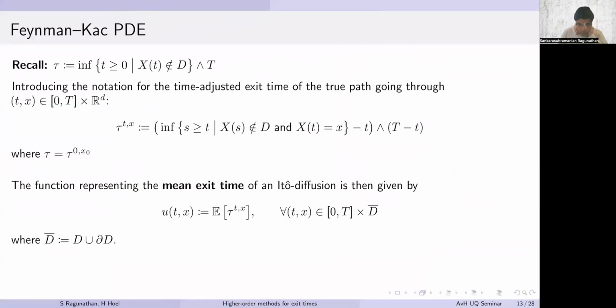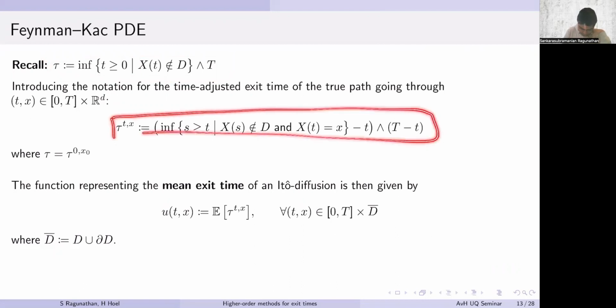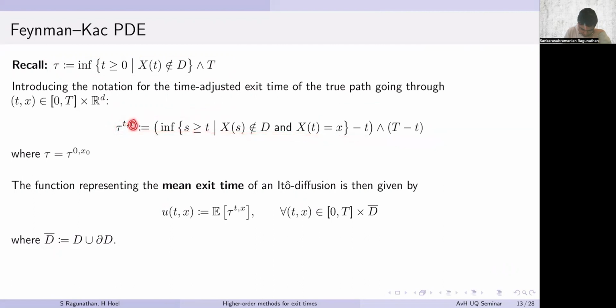Now, in order to prove that, we make use of the Feynman-Kac PDE, basically. So recall that this is the exit time of the actual process itself, the process leaving the domain D. And in order to extend this, we introduce this new notation of exit time of a process starting at some time t and position x to the definition shown here.